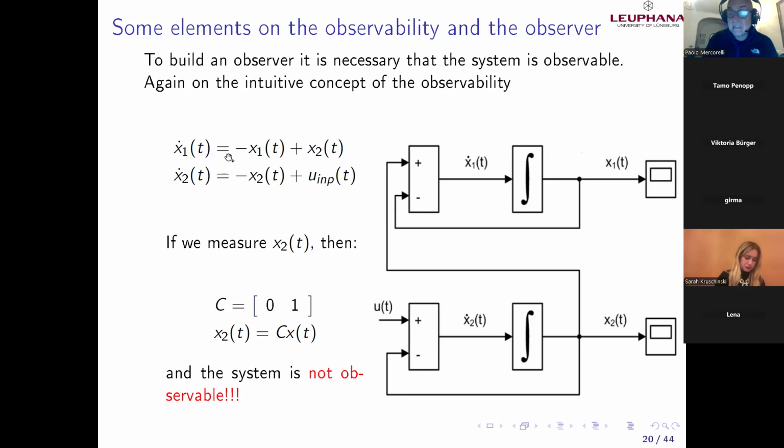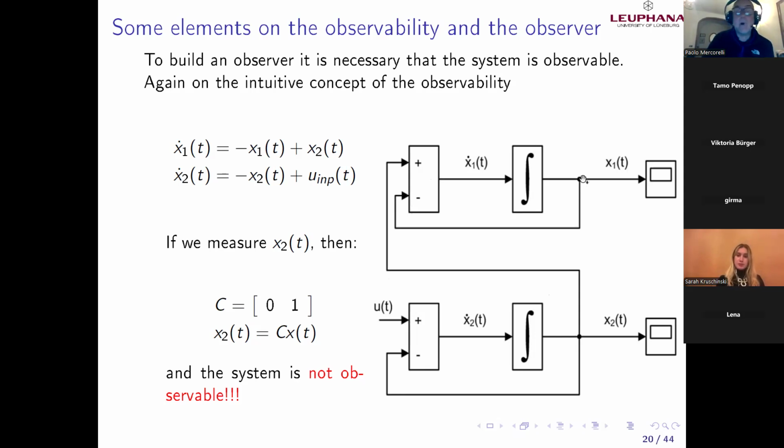Now, looking at this first equation, we can see that x1 derivative equals minus x1 plus x2. This means, let me assume that I have a block, a function in Simulink or in any kind of tool which uses block diagrams in terms of software structure, I can write here plus x2, we will see what x2 is, minus x1, but x1 is available.